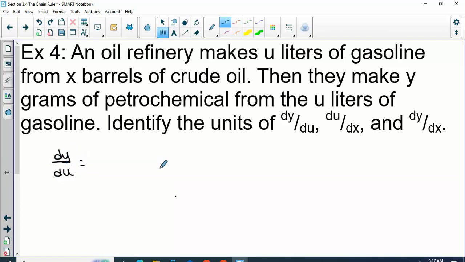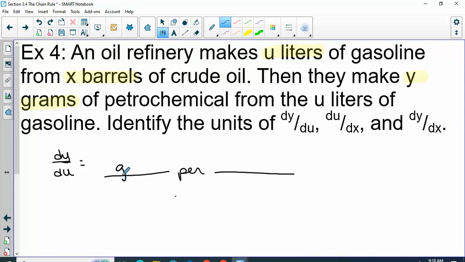Remember, a derivative is a rate of change, so it's just something per something, just like a slope. So it's really just the numerator per the denominator. So dy/du. What is y? U is liters, X is barrels, Y is grams.